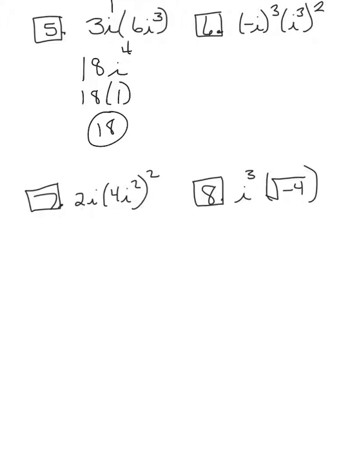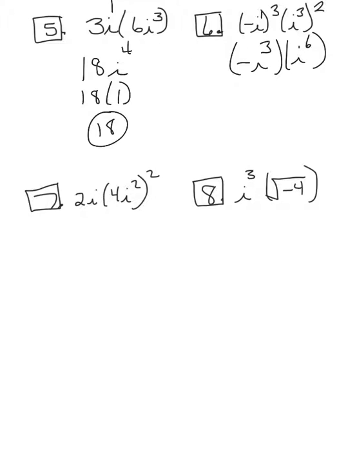In number 6, you take the negative i, and we're cubing it. Well, that means I also cube the negative sign, so a negative times a negative times a negative is still negative. So that's a negative i to the third, because you got to do exponents. Remember, exponents, we multiply exponents. Now I got to do i to the third, raised to the 6, and we multiply those. So that's i to the 6. I meant i to the 3 times 2 is 6.